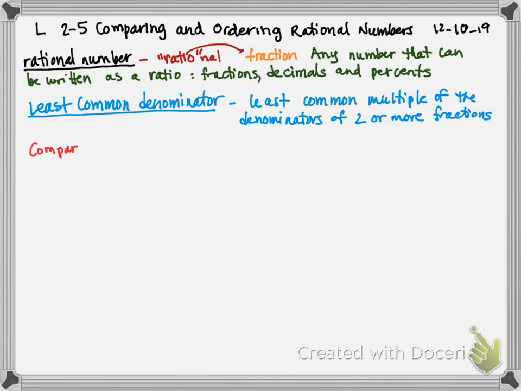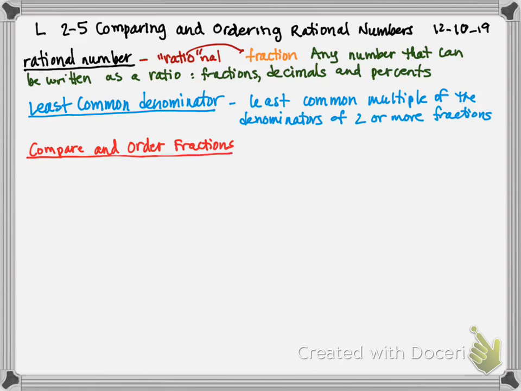Sometimes in this lesson, you're going to compare just fraction to fraction, mixed number to mixed number. Sometimes you're going to compare a decimal to a fraction or a mixed number. Sometimes percents could get involved. So all sorts of different ways of comparing these. So sometimes you may want to change your decimals to fractions, or your fractions to decimals, just depends. Compare and order fractions.